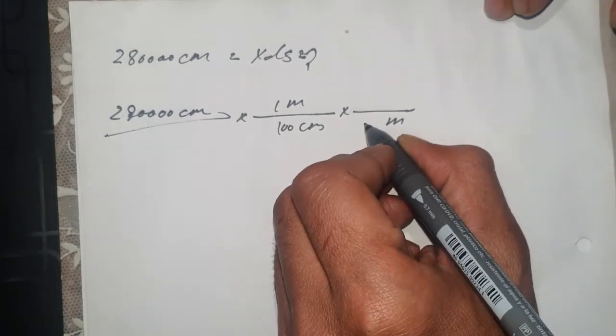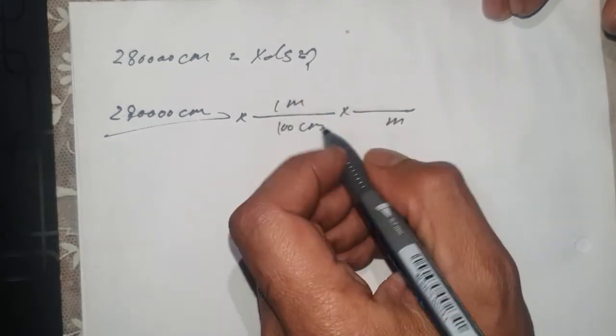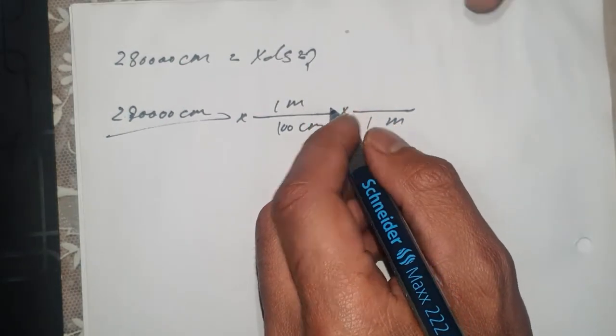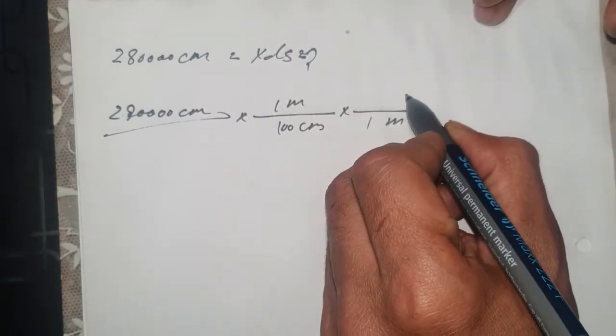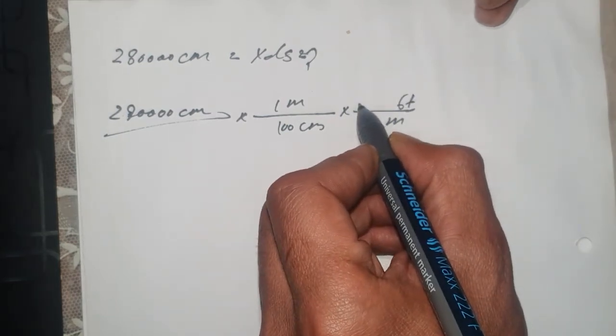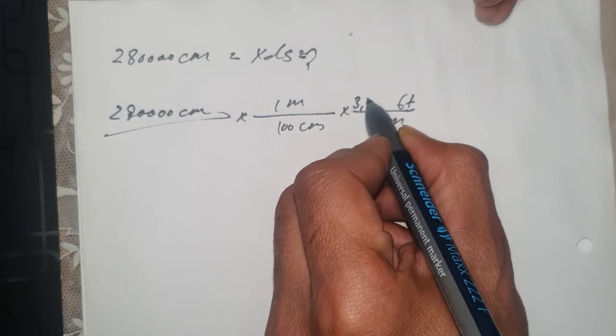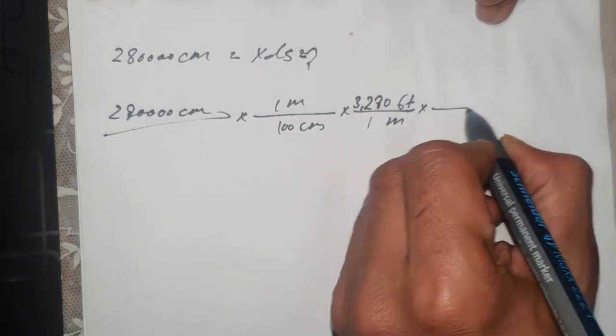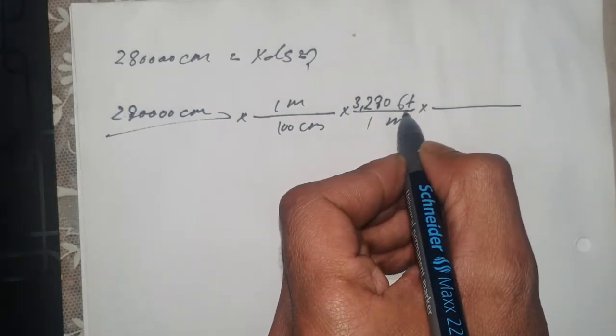In 1 meter we have 3.280 feet, and now we'll change that from feet to yards.